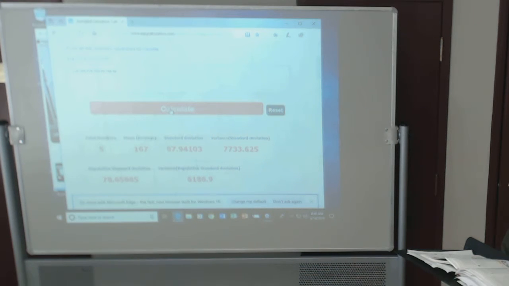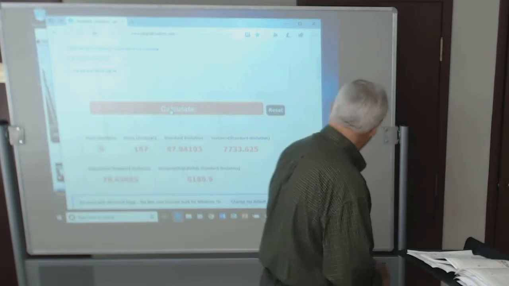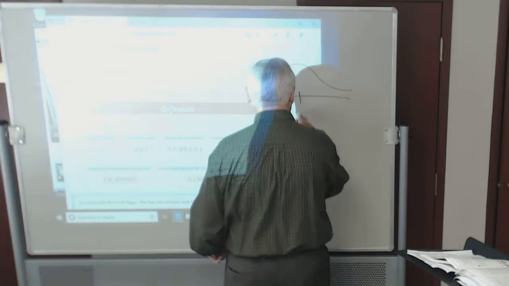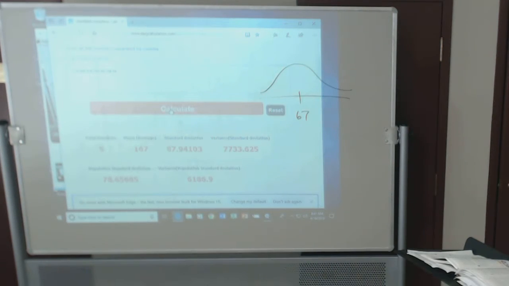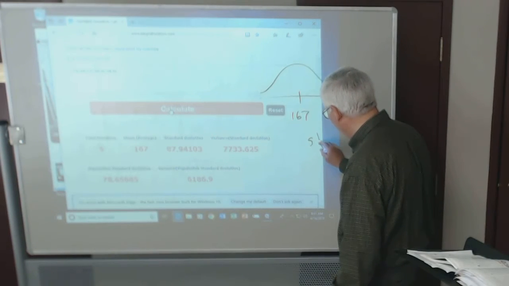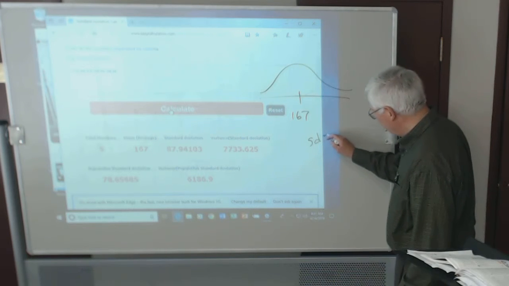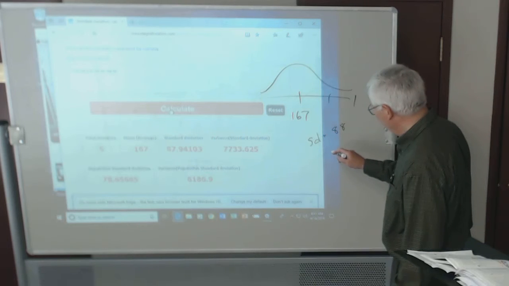So if my mean is 167 and my standard deviation is 87.9, let's just call it 88, then one standard deviation above is going to be plus 88.